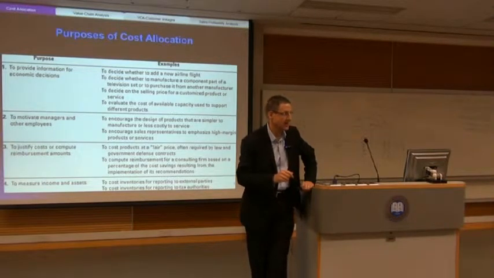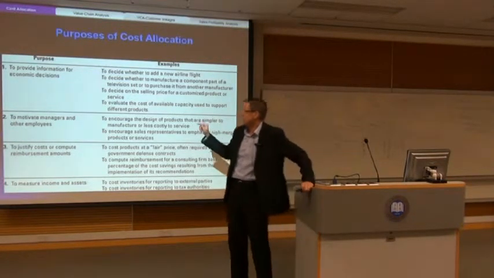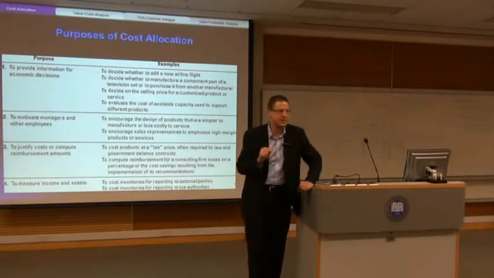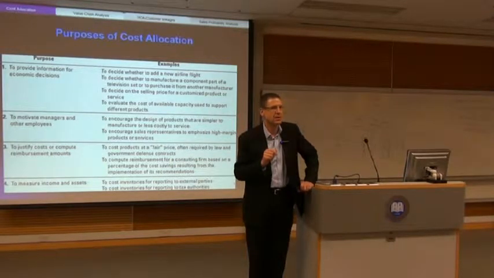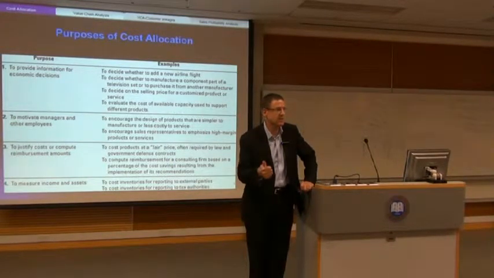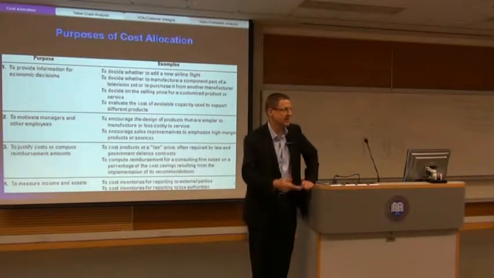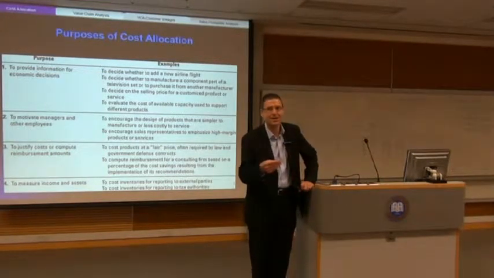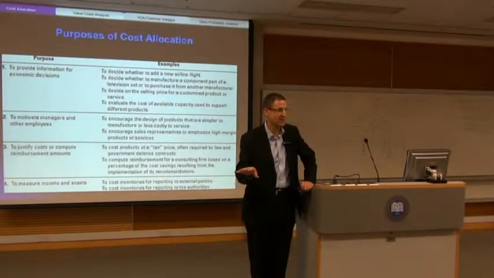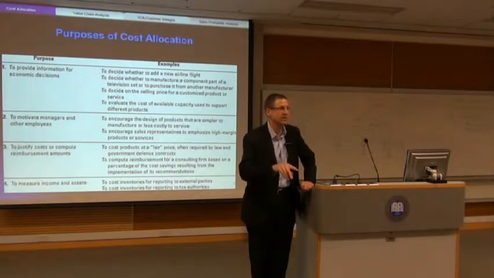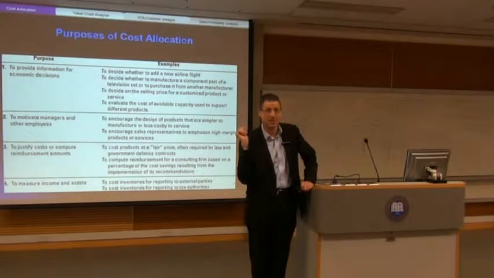Cause and effect, yeah. To motivate managers and other employees, possibly benefits received and maybe fairness, right? Can you notice that you may deliberately move away from cause and effect in order to achieve that second objective? You with me?